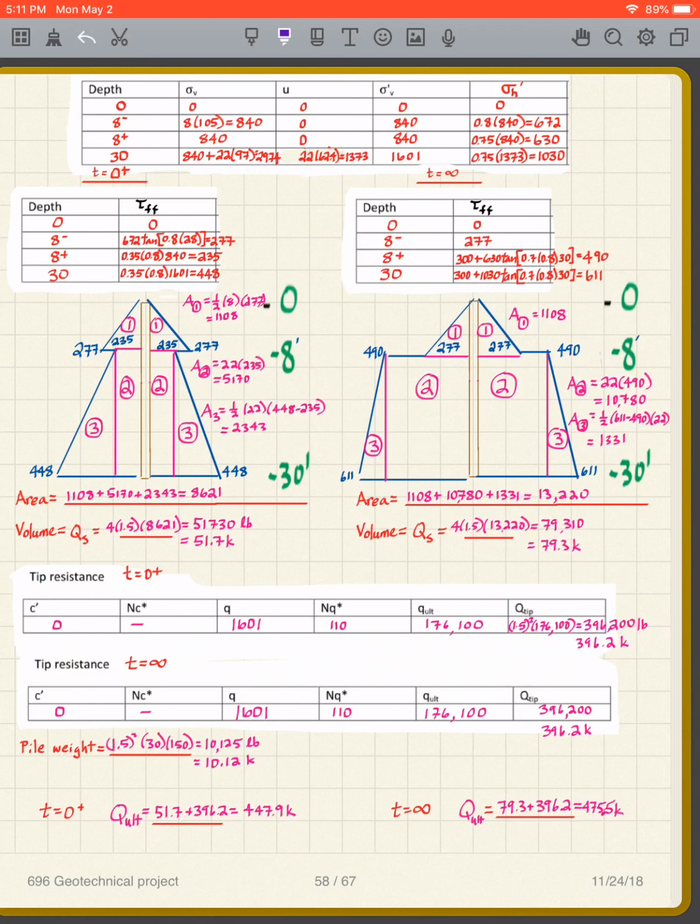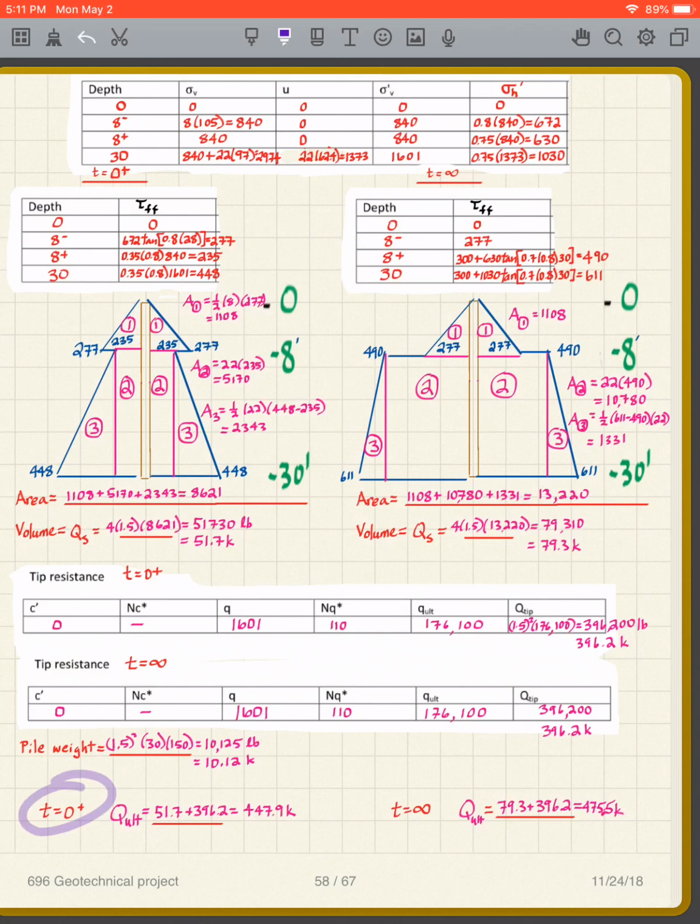And I want you to compute the pile weight. We're not going to use it for this, but later we might. The pile weight is the volume of the concrete, 1.5 squared times 30 feet times 150 pounds per cubic foot, which gives me 10,125 pounds, which is 10.12 kips.